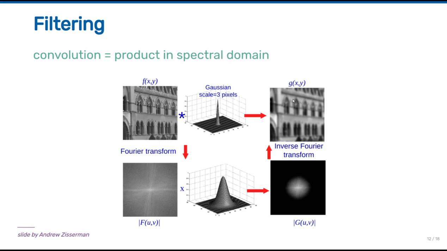So in order to obtain this image, you just need to do the inverse Fourier transform. Okay, so for images we typically go this way, but since for graphs we do not know a priori how to define this convolution, we can go this way by first going in the Fourier domain, then applying a simple product, and then going back in the spatial domain with the inverse Fourier transform.